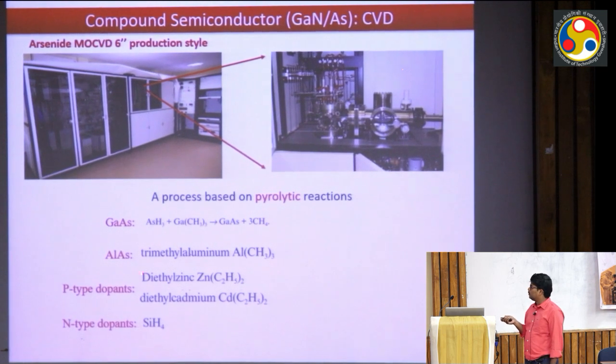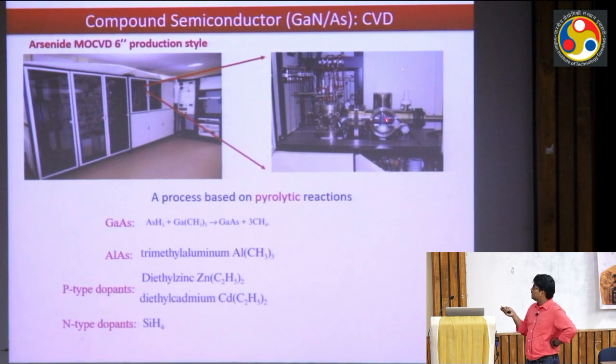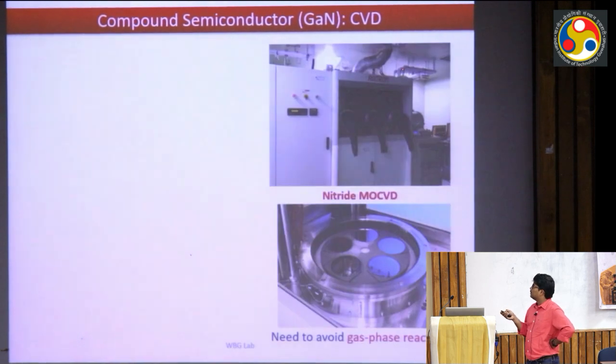These are a few dopants used for compound semiconductor development using MOCVD. This is the reactor, and inside this we have the reaction happening, arsine and this metal organic compound. And this is another MOCVD I have seen in Taiwan, the gallium nitride MOCVD setup.